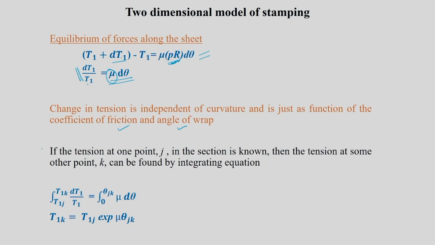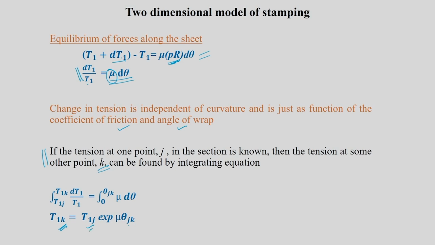A small derivation is given here. If the tension at one point j in the section is known, then the tension at some other point k can be found by integrating this equation. If you integrate it, you will get T1k equal to T1j times exponential of mu into the angle between those two points j and k.